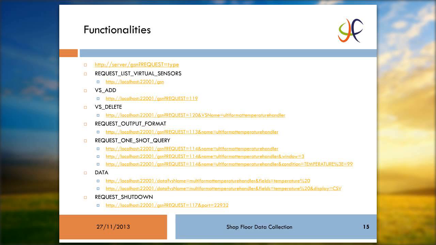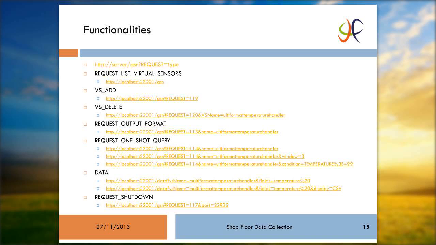There are 2 formats that you can get the data in. The first one will be the default, XML. And if you want the data as a CSV file, you can also download it as a CSV file. While acquiring data, you can also apply different conditions and specify only the fields that you want to select.